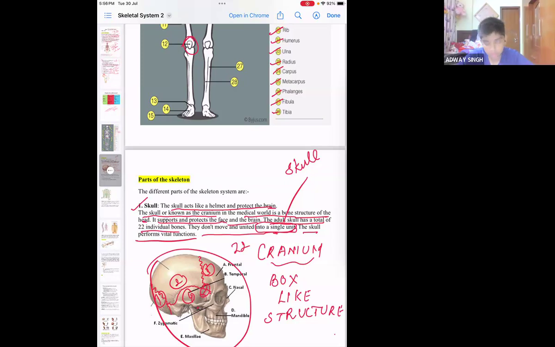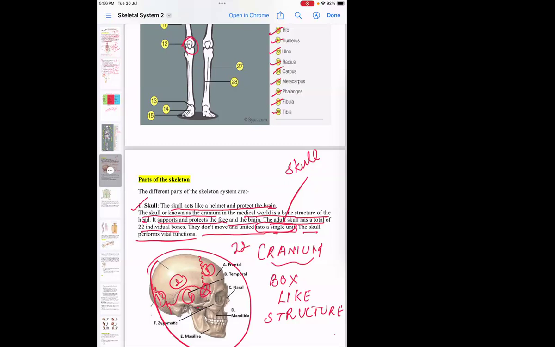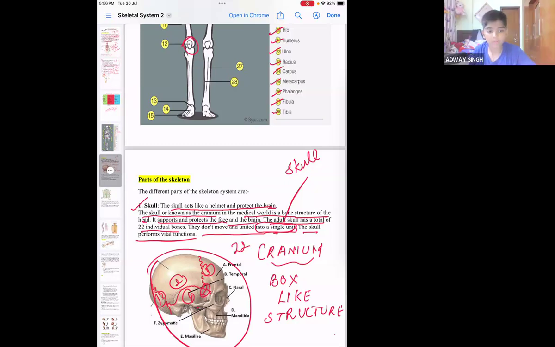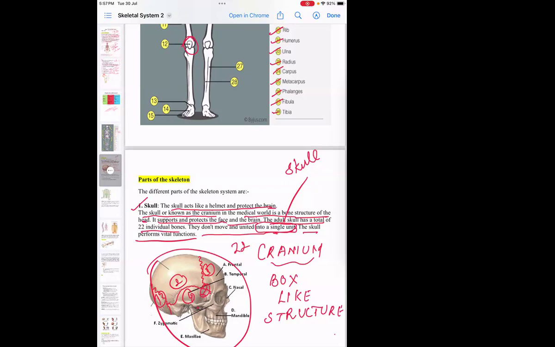Not done. You have shared the photo? No. Okay, I have got it. I've got the handwriting. You should write it very neatly. Advik, you should work on the handwriting.